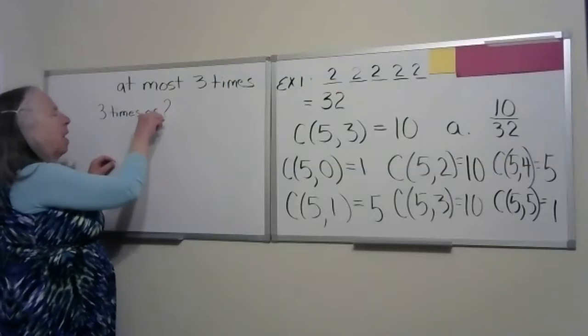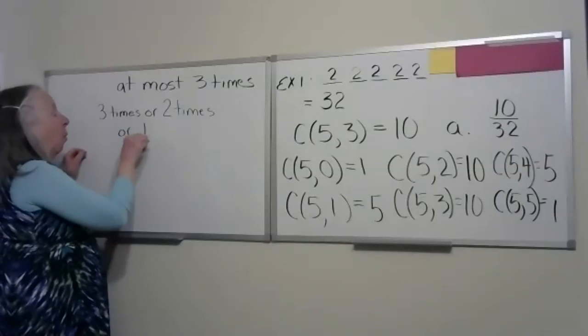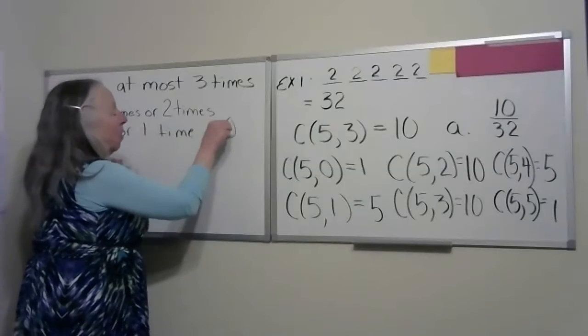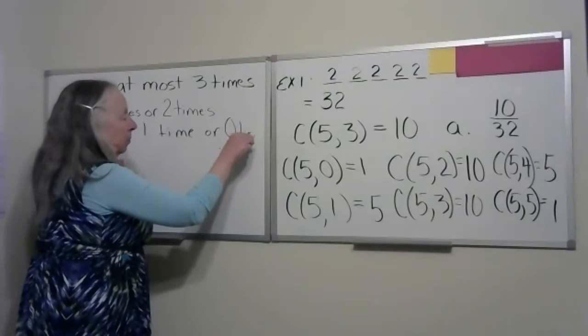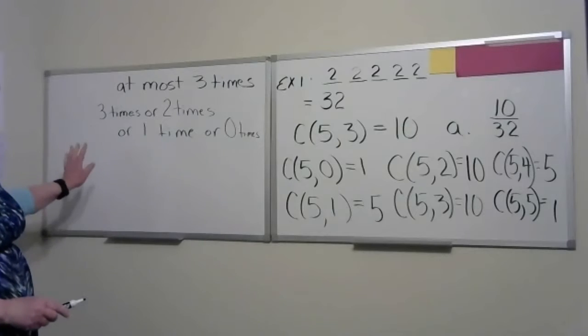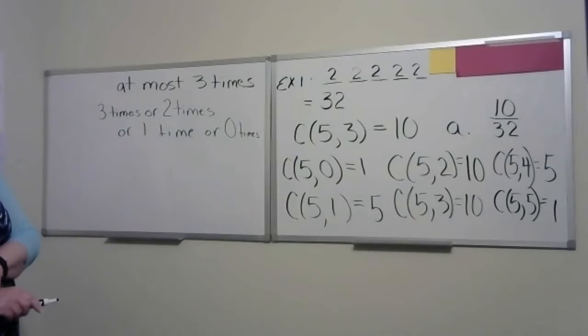You said 2 as well, didn't you? Yeah. Or 1 time, or 0 times. So it could be any of those 4 when we say at most 3. Question on that before we go on. Marcus, does this make sense to you?